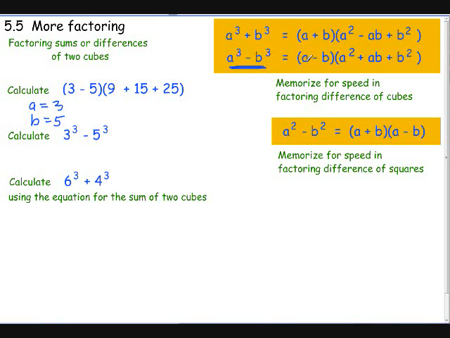A minus B, or 3 minus 5, and then this one is A squared, which is 9, yes, plus AB, which is 15, plus B squared, which certainly is 25. So we know that it could have been written as 3 cubed minus 5 cubed.